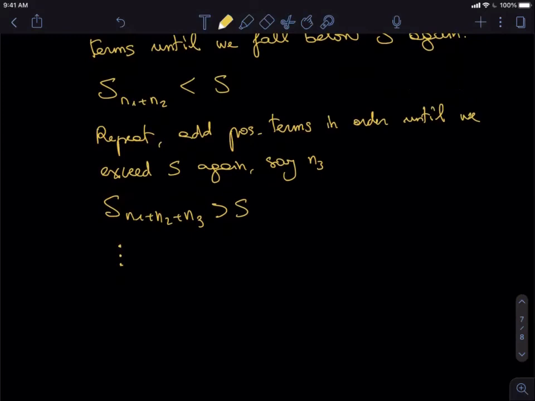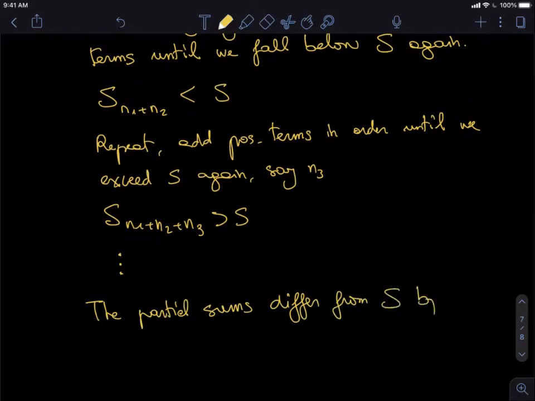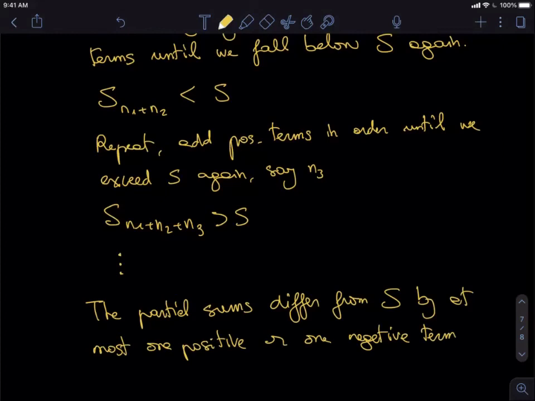These partial sums will differ from S by at most one positive or one negative term.